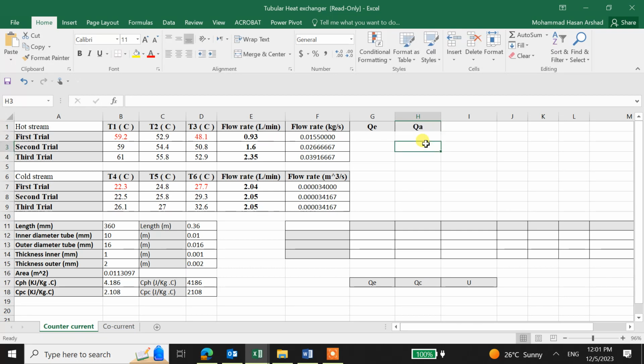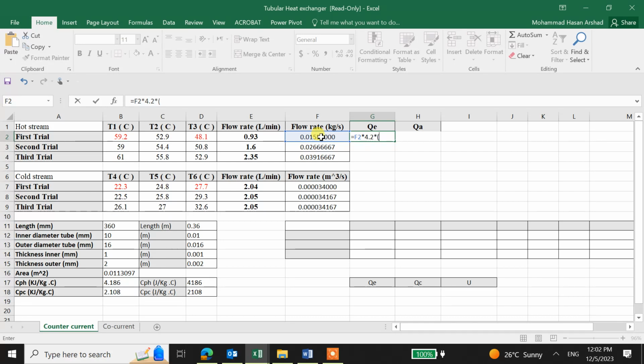Okay, Q emitted is what? Mass flow rate of hot times Cp. Cp is 4.2 kilojoule per kg per kelvin. So m Cp, right?